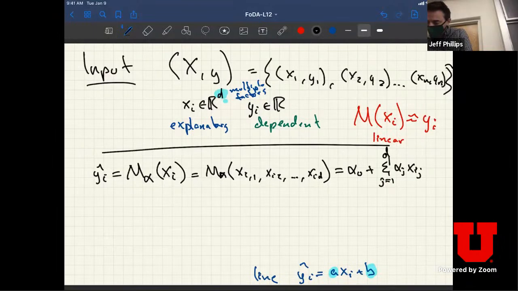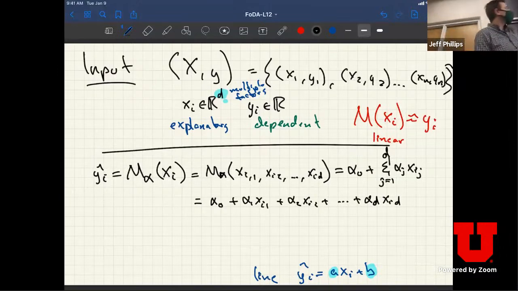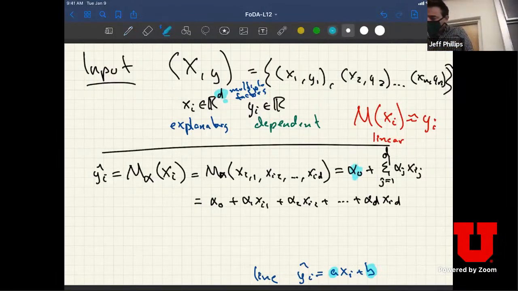I can write this out in another way. I'm going to have alpha 0 plus alpha 1 xi1 plus alpha 2 xi2, dot dot dot, alpha d xid. So this is still a linear model, because the model parameters are these alphas, which is the same alpha as here.